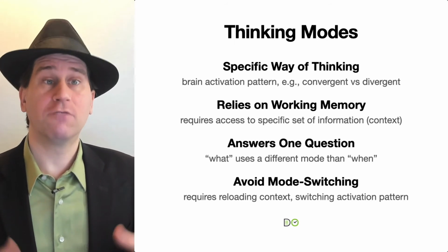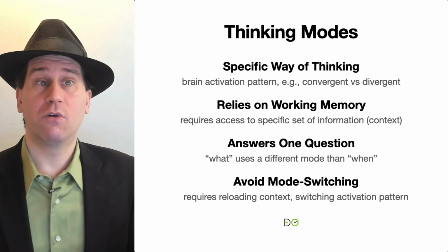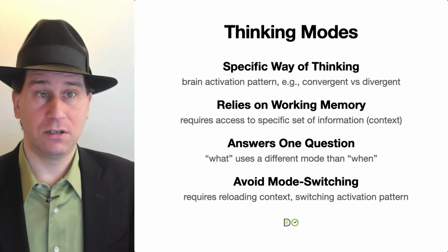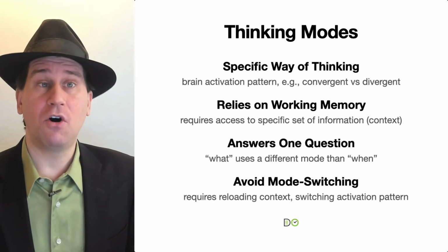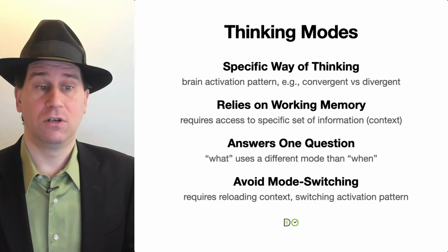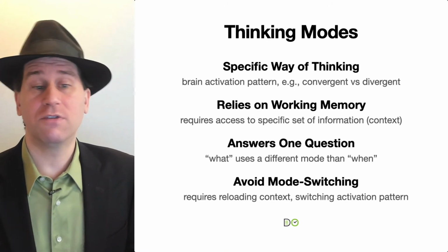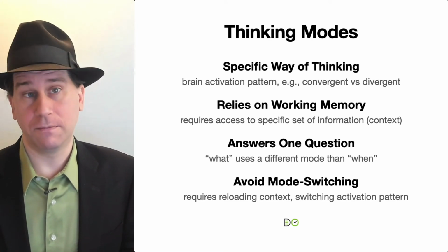Thinking modes often rely on working memory. They require access to a specific set of information, a specific context, and they often answer one question. Answering the question what uses a different thinking mode than answering the question when.